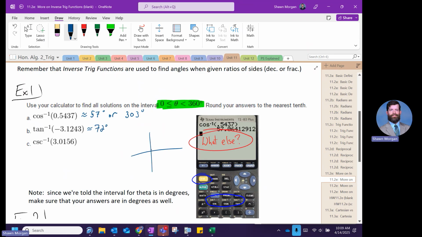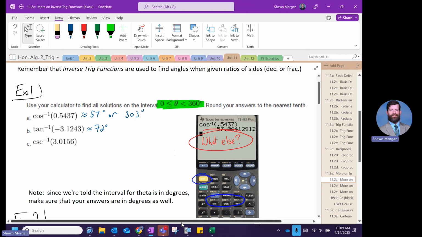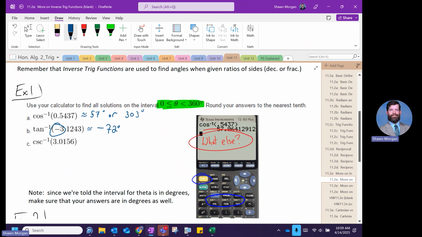All right, so that's the first quadrant, but it shouldn't be the answer, because y'all told me, did you tell me negative 72? Okay, good. Because if it was positive 72, that's in the first quadrant, and tangent is positive in the first quadrant. This being a negative number, I know it's going to be in the fourth quadrant, but where else? Second. It's going to be the second quadrant, right?